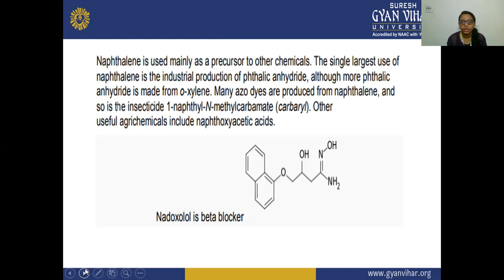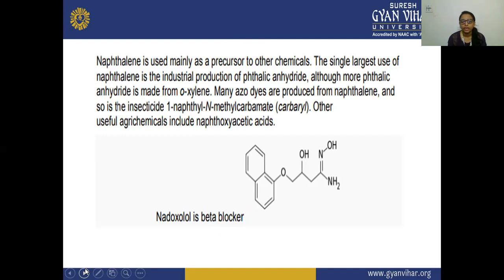And azo dyes are produced from naphthalene. Azo dyes have an N double bond N group present. Naphthalene is also used to make an insecticide, 1-naphthyl N-methyl carbamate.